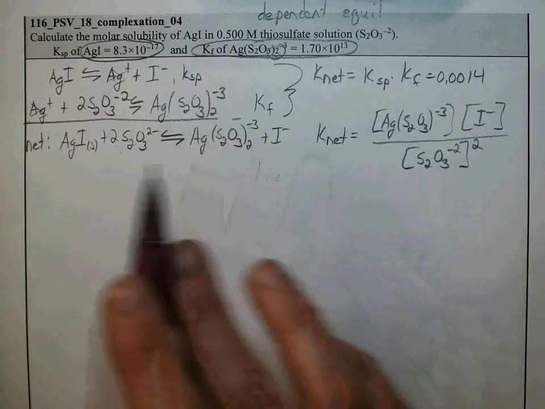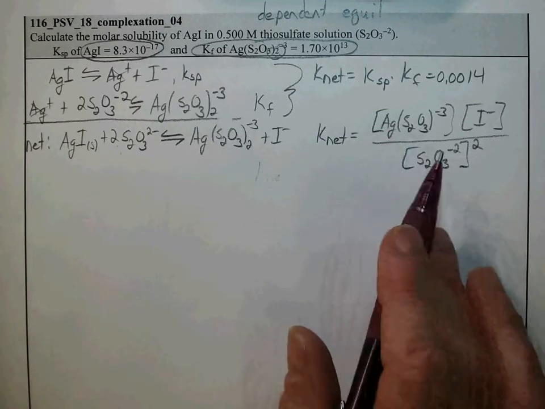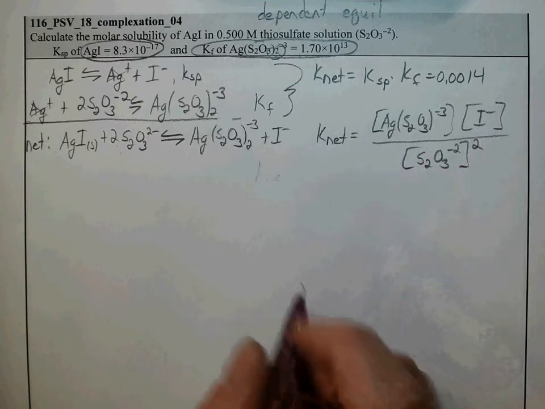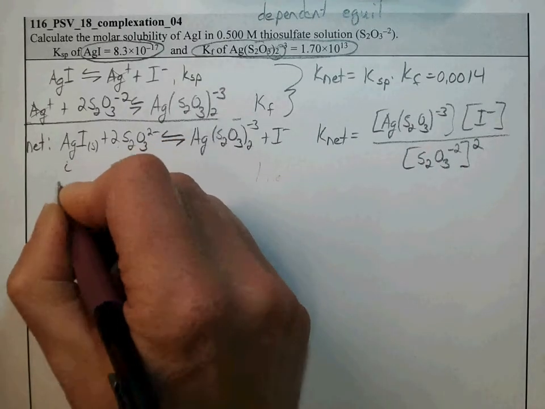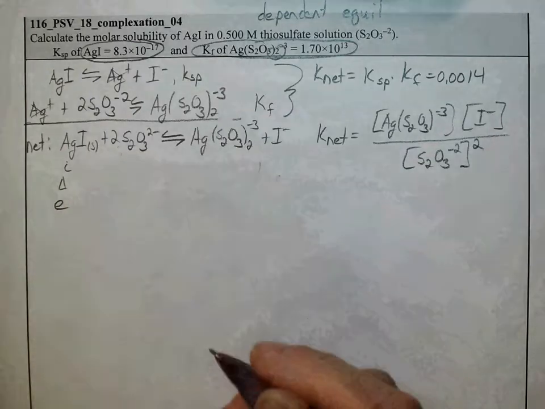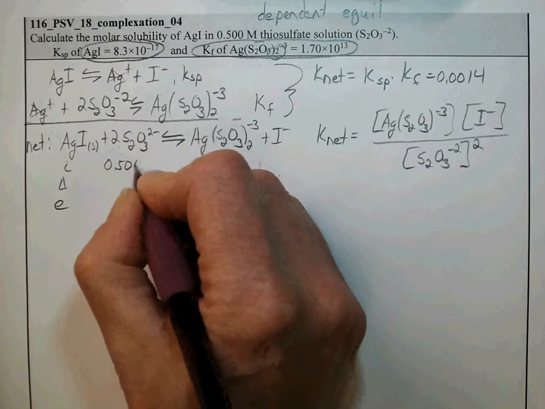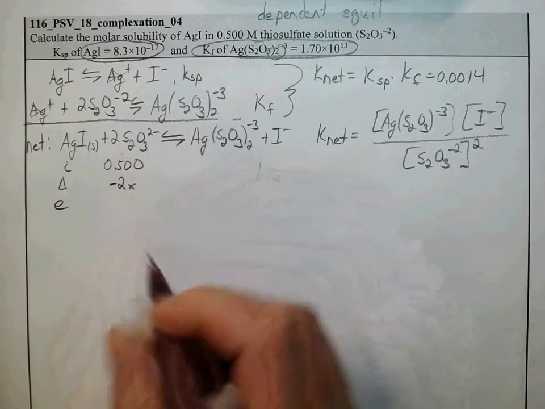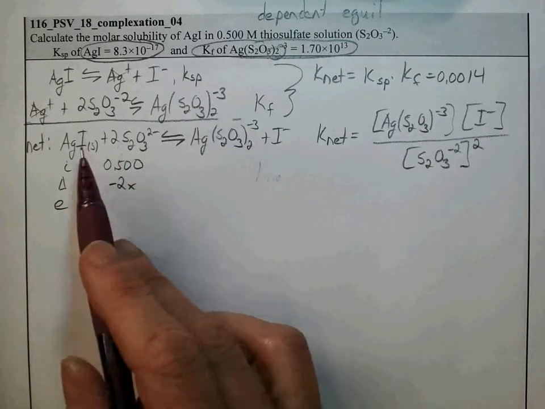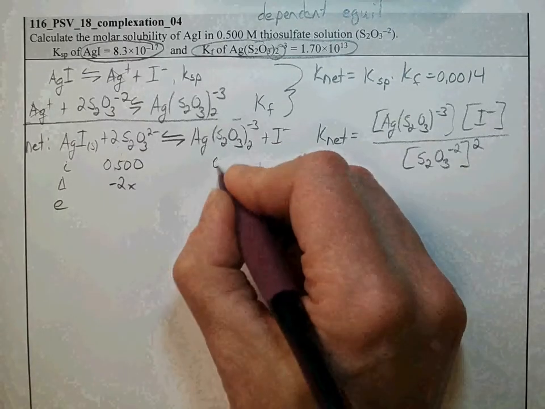Alright, so now we have to go back and complete our ice table so that we know what the equilibrium quantities are here. So initial, change, equilibrium. This starts at 0.500. We're going to take away 2x moles of the thiosulfate for every mole of this that forms.